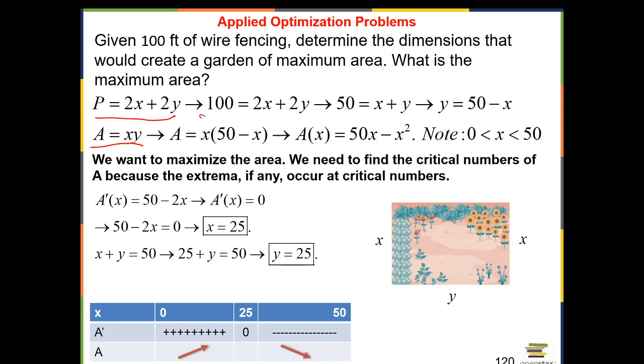So what do we do with that? From the limitations that we are given, we're going to find a relationship between x and y, and then use it in our area equation, which is the one that we have to maximize. Well, you remember in calculus 1, we cannot maximize a function if it's a function of more than one variable.